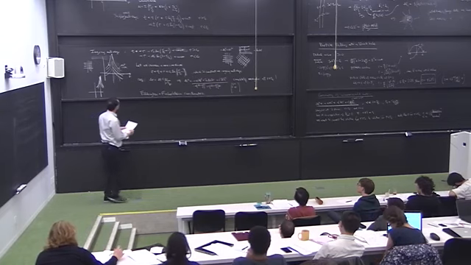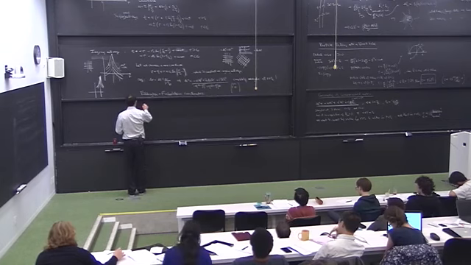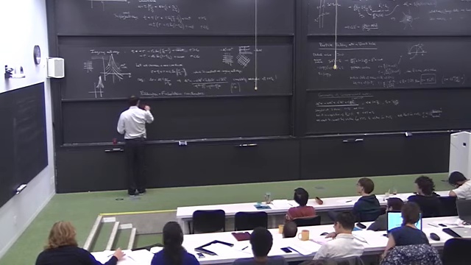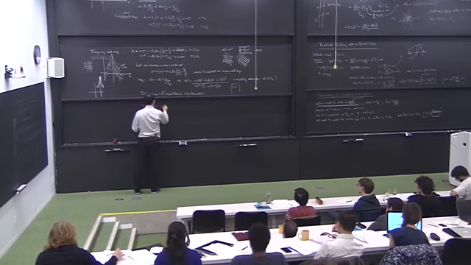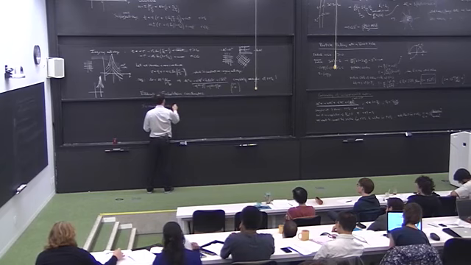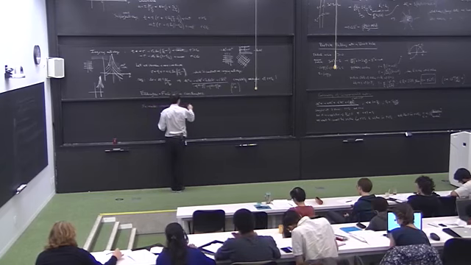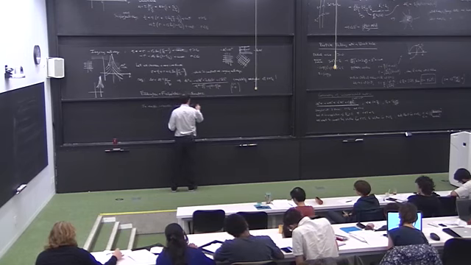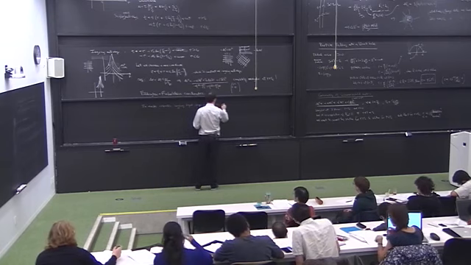Okay. So in Eddington-Finkelstein coordinates, ingoing, this is how we define them. Light rays satisfy v equals constant.